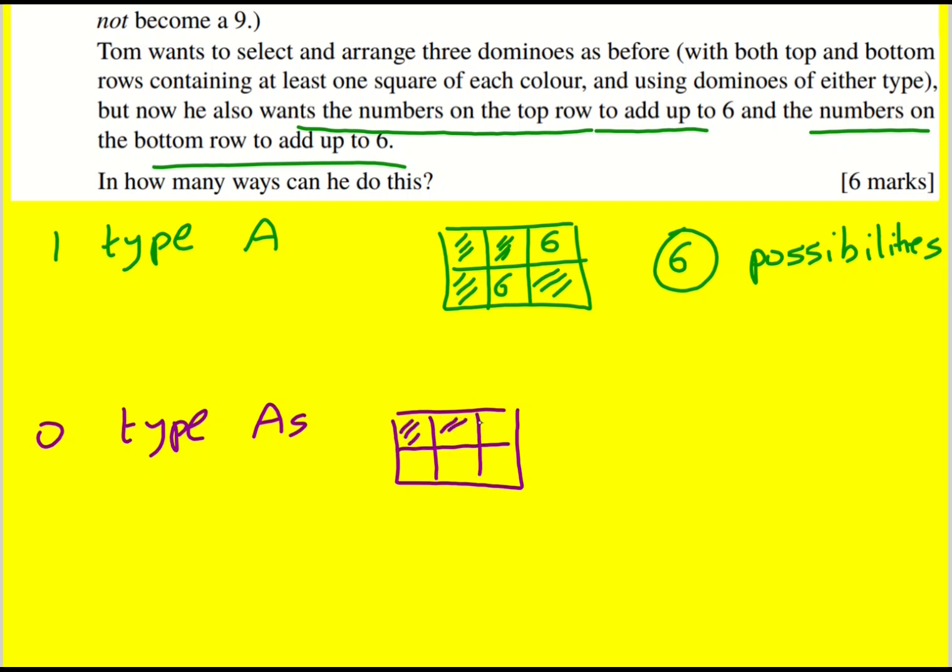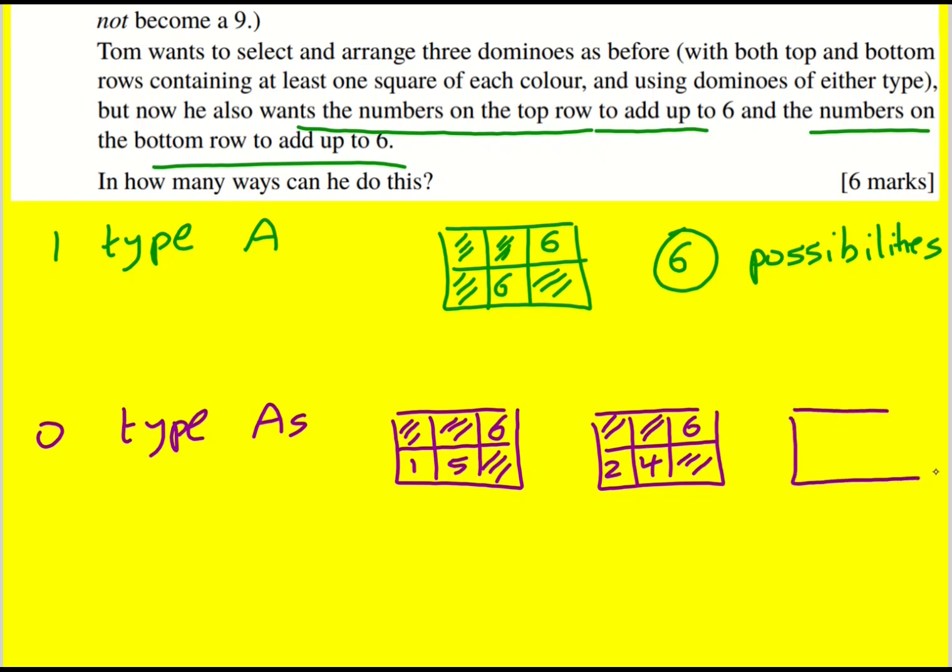So I'll just shade these top 2 and the bottom one. But remember, there's 6 different ways we can arrange this. I'm going to have a 6 with the 1 by itself to add to 6, but then I could go with a 1 and a 5, or I could go with a 2 and a 4, or even a 3 and a 3.